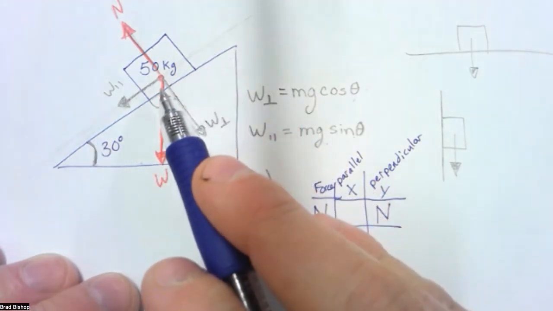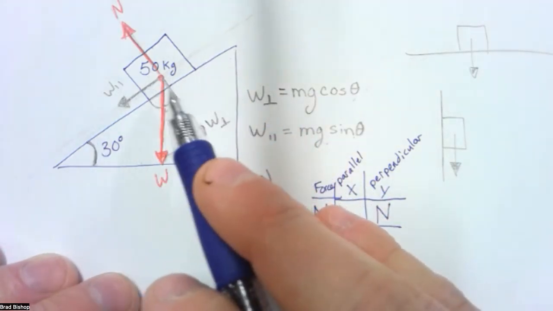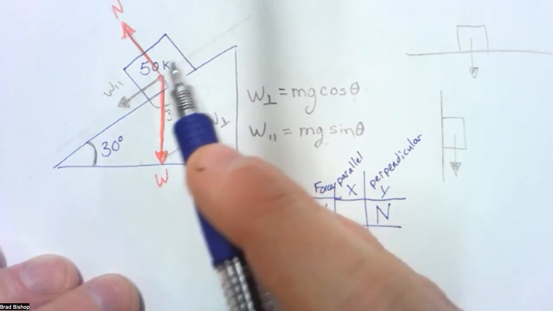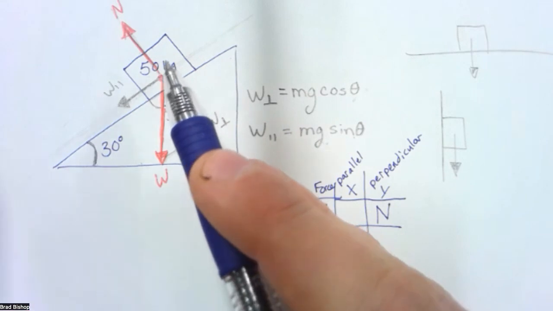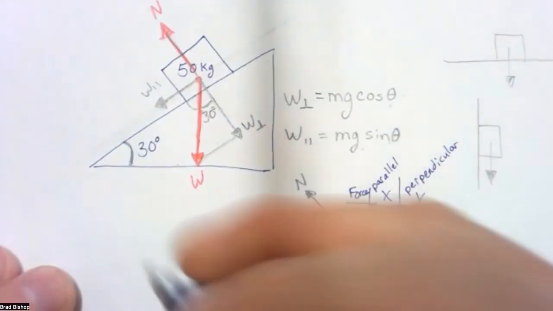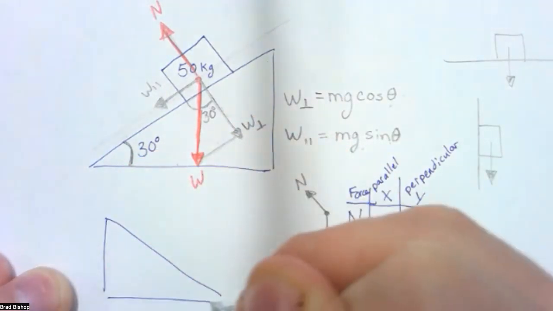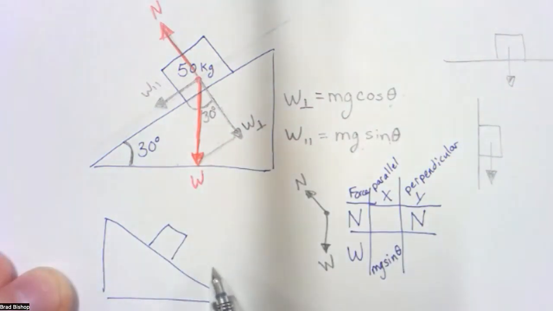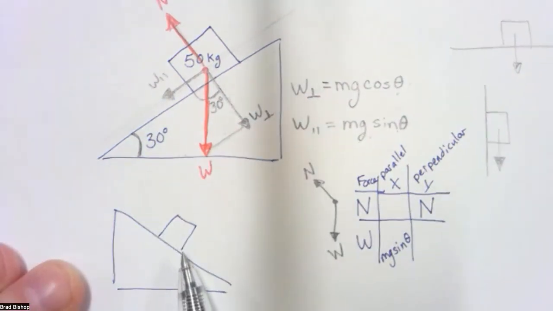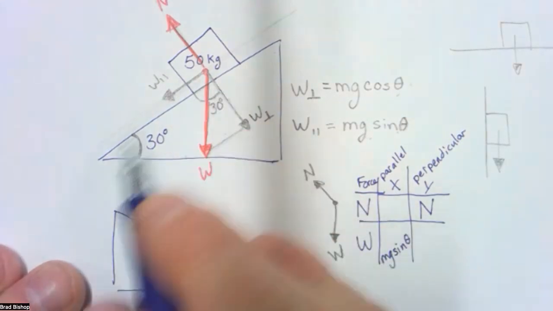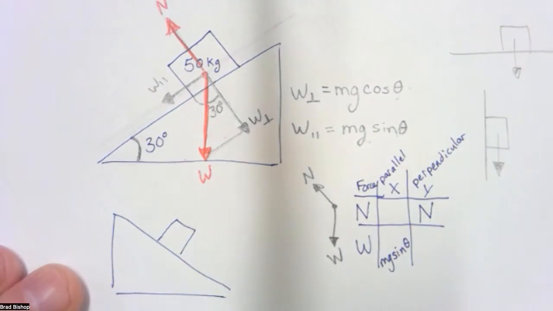For me, I usually consider on these type of problems, whichever way the object is moving is the positive direction, just because it makes the math a little bit easier. You know, I could just as easily have drawn this problem like this with an incline here. If it's bothering you that this is pulling to the left instead of the right, your inclined plane could just be like this instead, right? And it'd be the same problem. So I'll just call it positive because I like calling whichever way it's moving the positive direction.